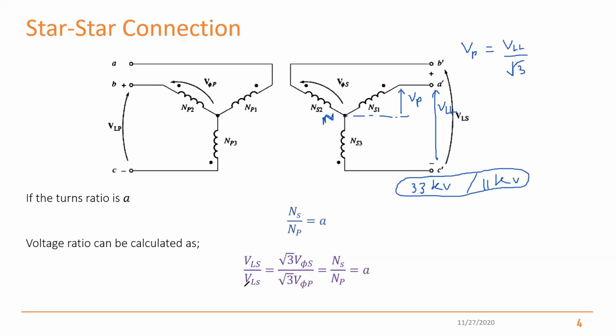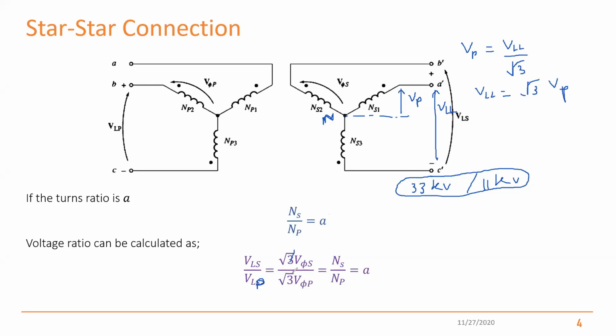Now if I take the secondary line-to-line voltage divided by the primary, that is V phase secondary over V phase primary. I told you the phase voltage is the line voltage divided by root 3. Therefore I can write line quantities using phase quantities by multiplying by root 3: root 3 times the secondary phase voltage over root 3 times the primary phase voltage.